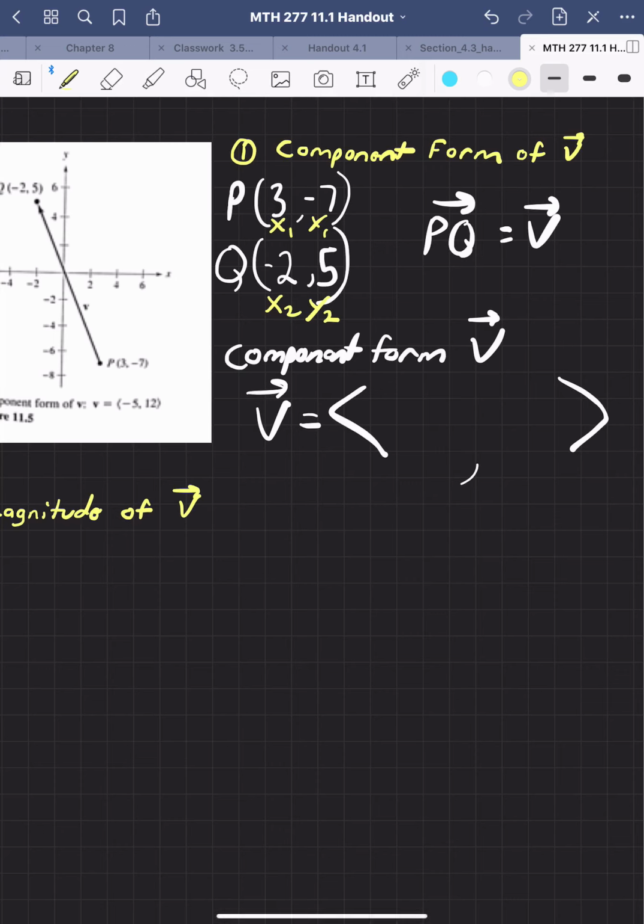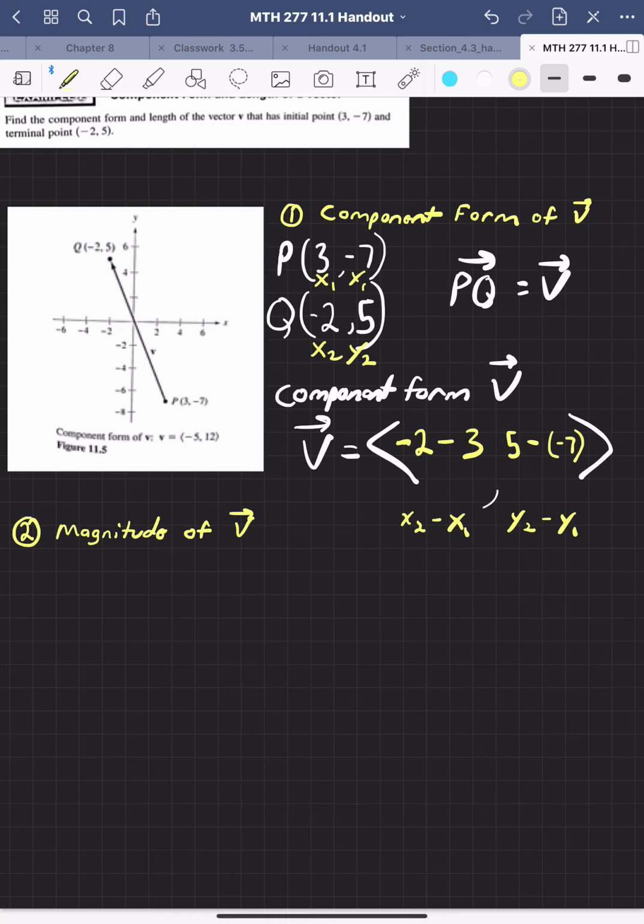So we got -2 minus 3, that's x sub 2 minus x sub 1, and then y sub 2 minus y sub 1, which is 5 minus -7.